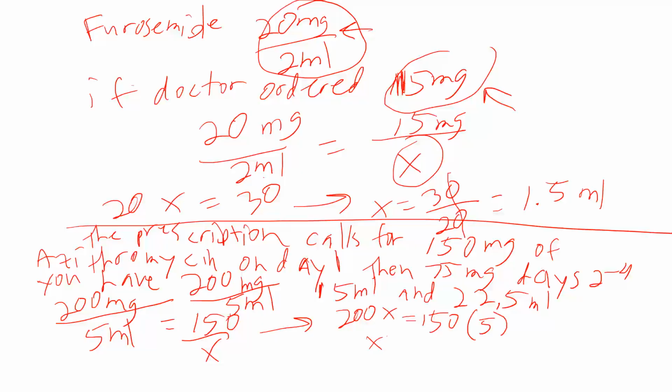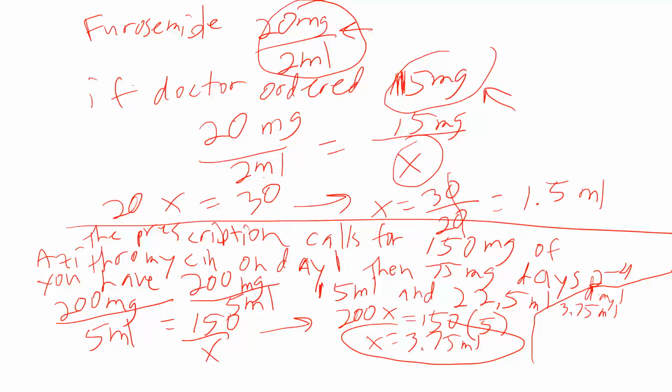So x equals 3.75 milliliters. So that means on day 1, it's 3.75 milliliters.